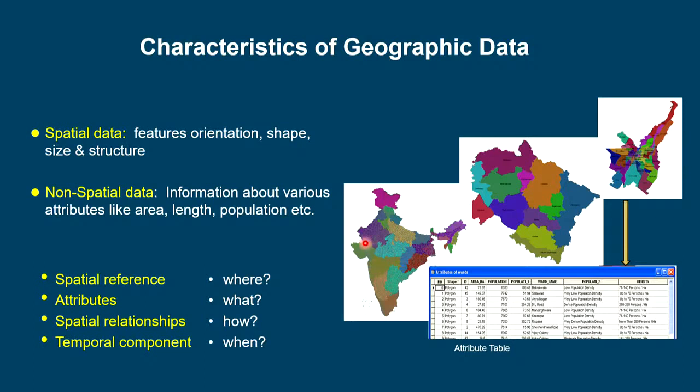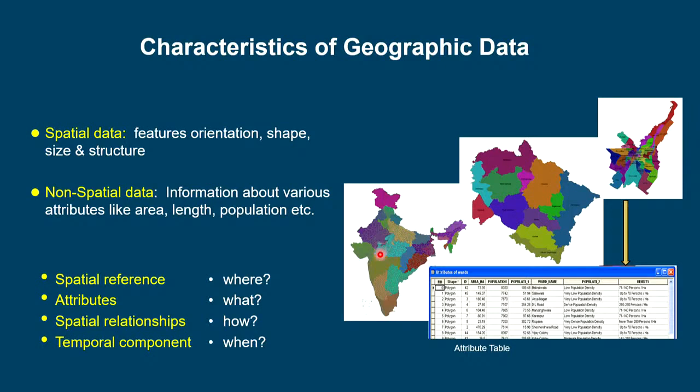For example, states or district boundaries or wards or any types of fields you can represent in the form of polygons. So point, line, polygon features on the earth surface are all basically spatial data sets.